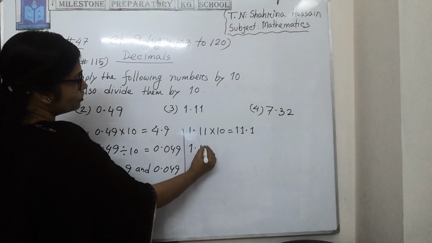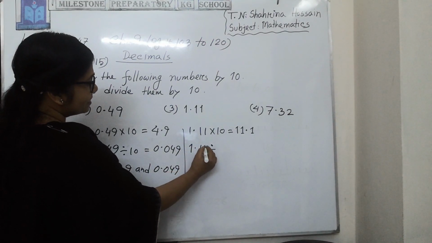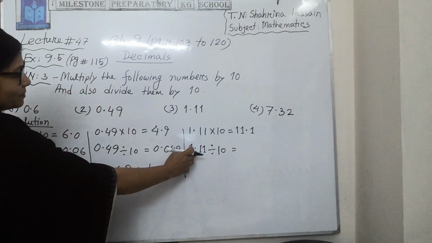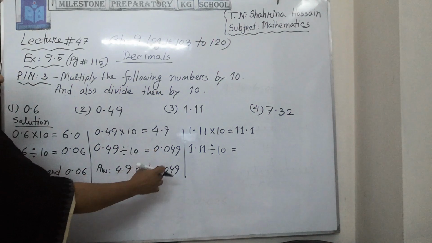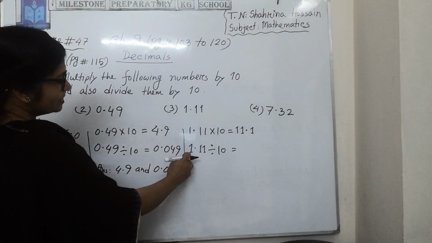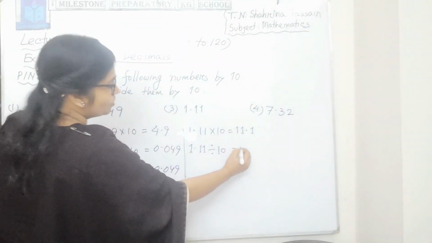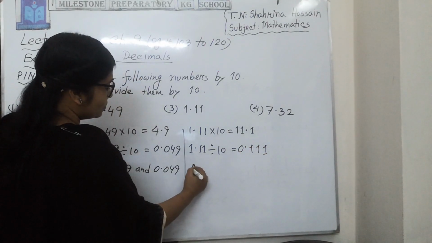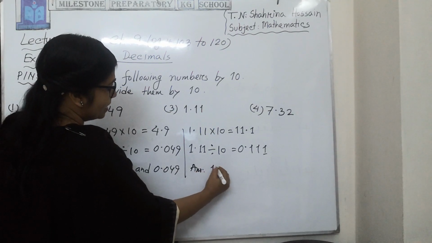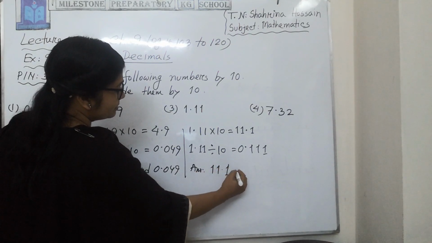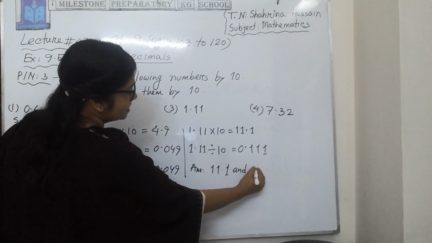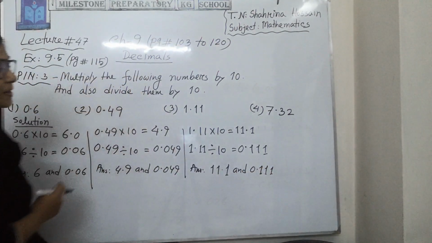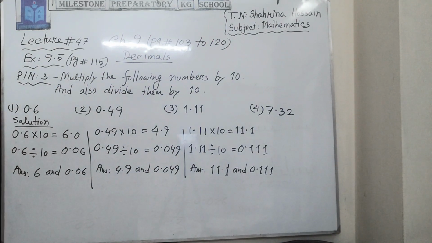Now if we divide by 10, the point's position will go before this one. So 0.111. So the answer is 11.1 and 0.111. Okay. By this way we will find the answer.